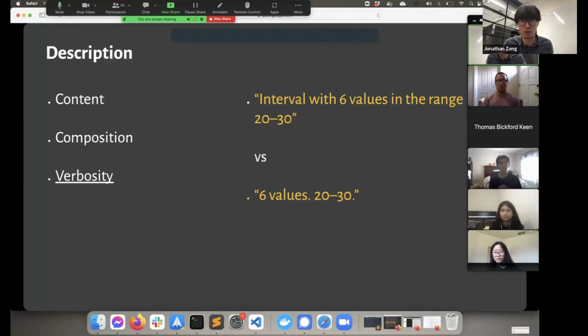But what if someone's been using the system for a year, and they've heard that exact same sentence with different numbers so many times, they just want the numbers, right? So "6 values, 20 to 30," they know what that means. And it saves them a lot of time in the long run, right? So being able to customize verbosity too is definitely important to think about.